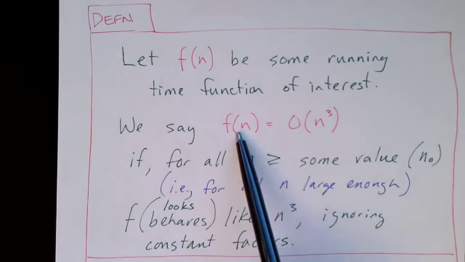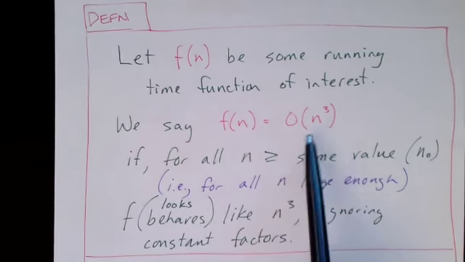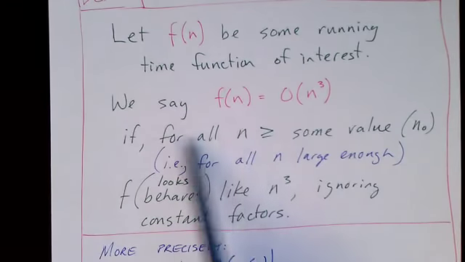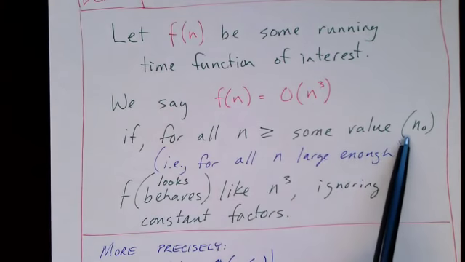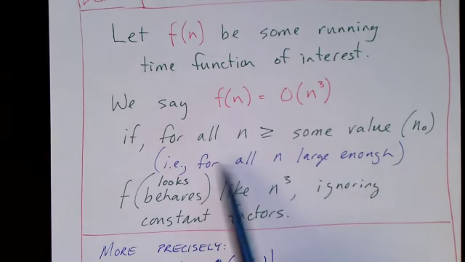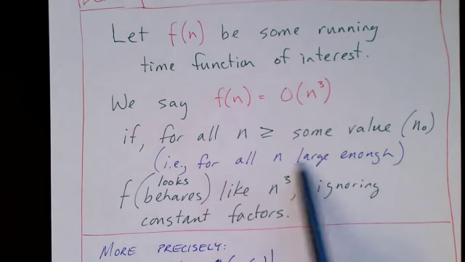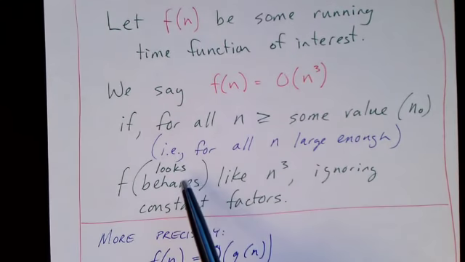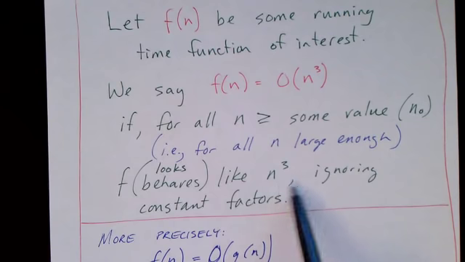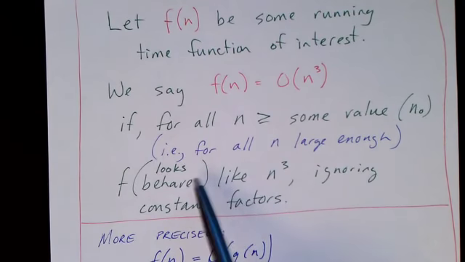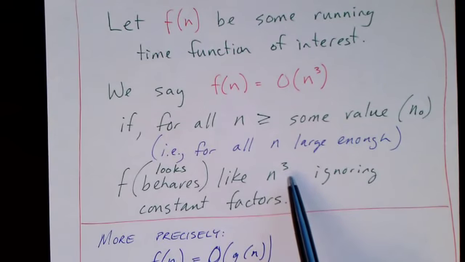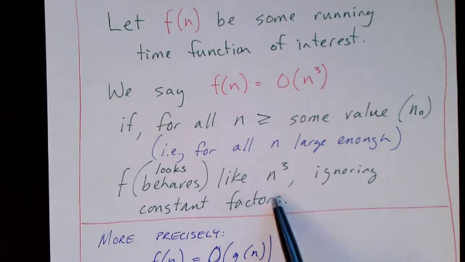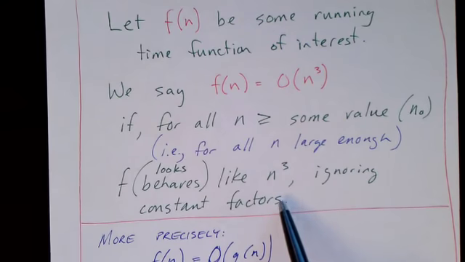Then we say that that function has order, for example, n cubed, if for all n that are greater than some arbitrary, big value, in other words, for when n gets large enough, then f behaves like n cubed, at least ignoring constant factors. It behaves or looks like or has the same growth as n cubed, as long as you ignore the constant factor in front of the n cubed.